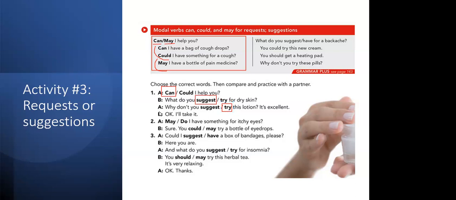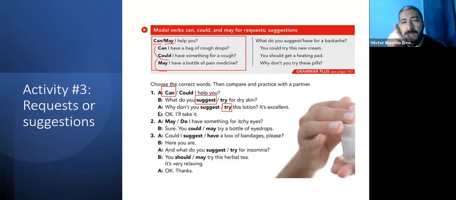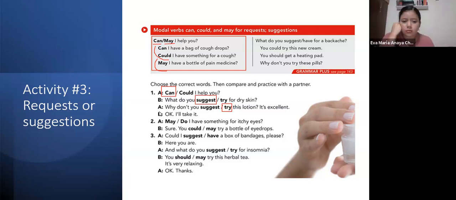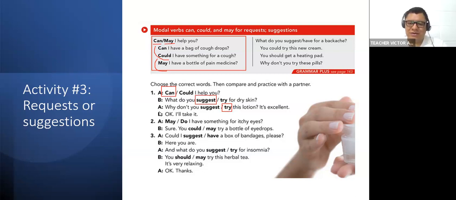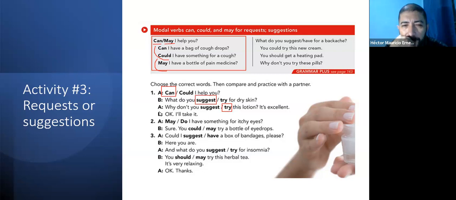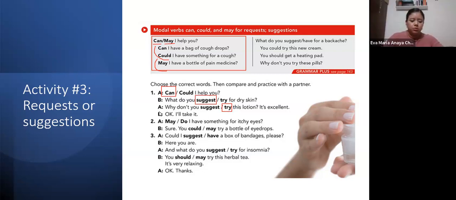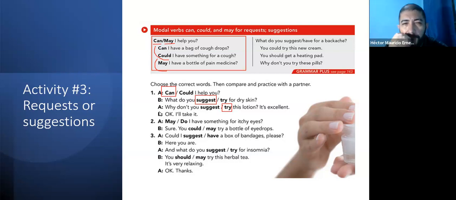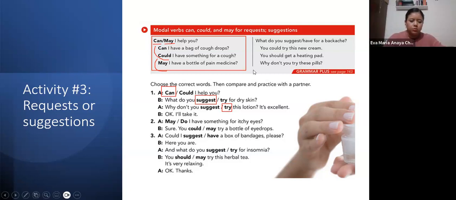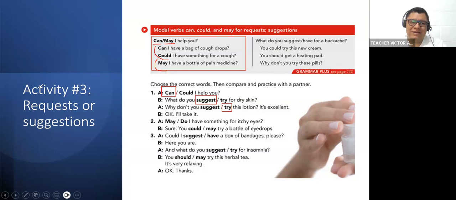Do I have? But I think that sentence has a mistake. Okay, you think that has a mistake. Okay, no problem.